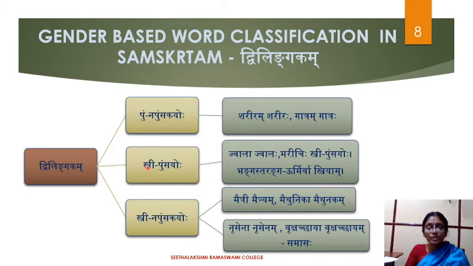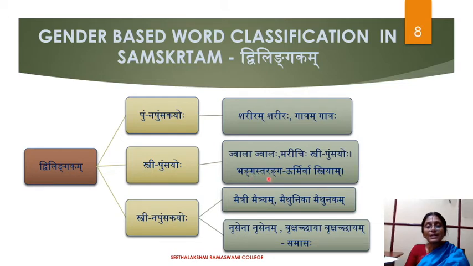Now we move on to Strilinga and Pullinga combination, wherein you have Jwala, Jwalaha, which means fire. Jwala is a single lexical entry for which feminine and masculine genders were assigned. So we have Jwala in feminine and Jwalaha in masculine. Similarly, Marichi, which means rays, can take up both masculine and feminine forms.